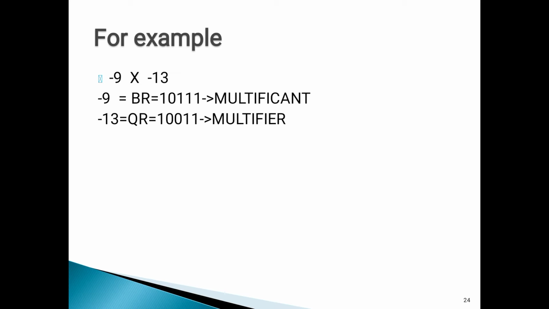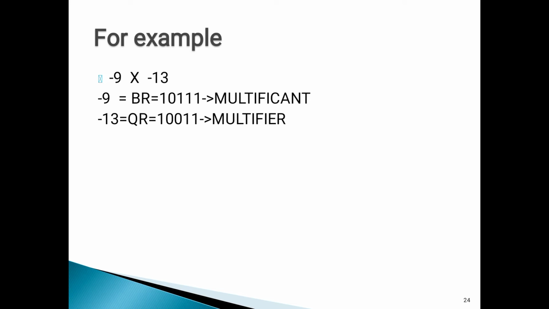After finding the 2's complement of 9, the value is 10111, right? Minus 13, same story. Find the binary number of 13 and find the 2's complement of 13. So what is the value for minus 13?